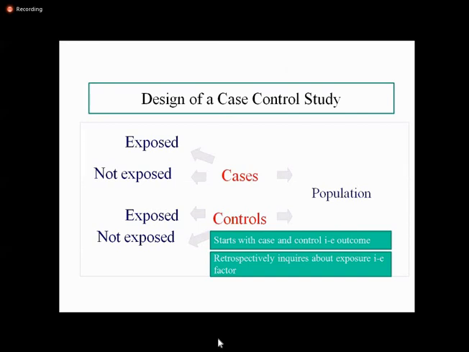In analytical, I told you the most popular are the case control studies and the cohort studies. Okay, in case control study you find out the cases first. We have already developed disease, for example, the lung cancer patients. So you want to see the association of smoking with lung cancer.